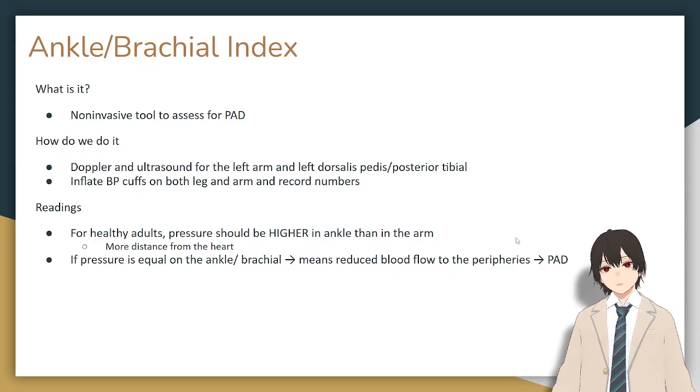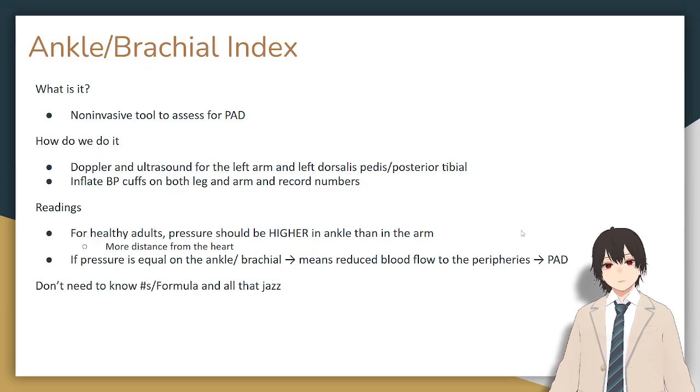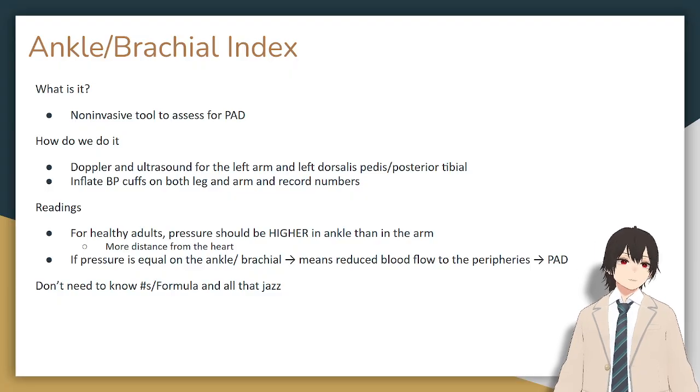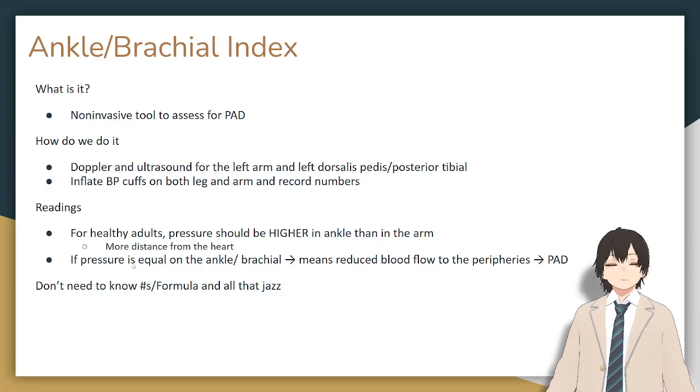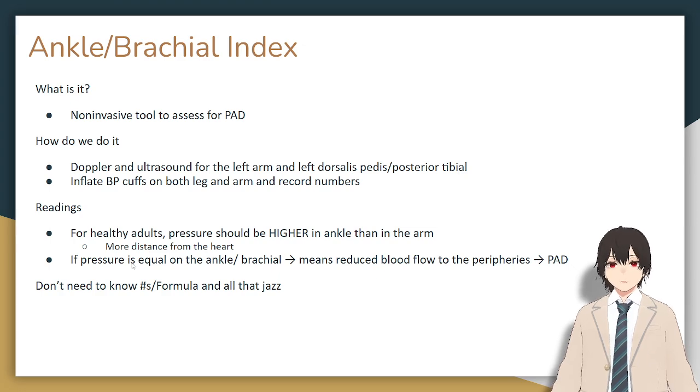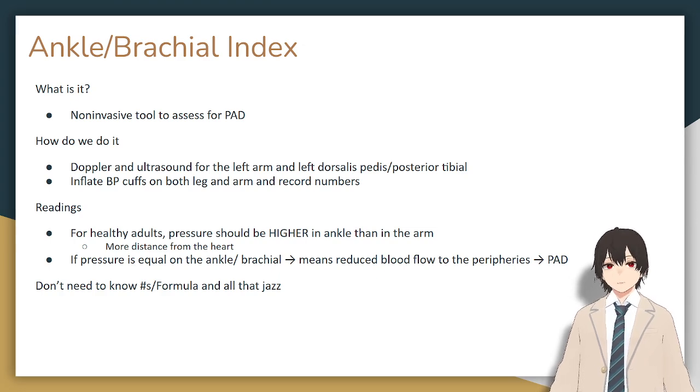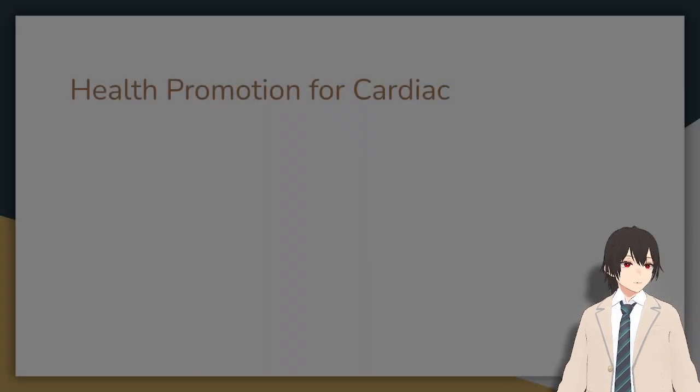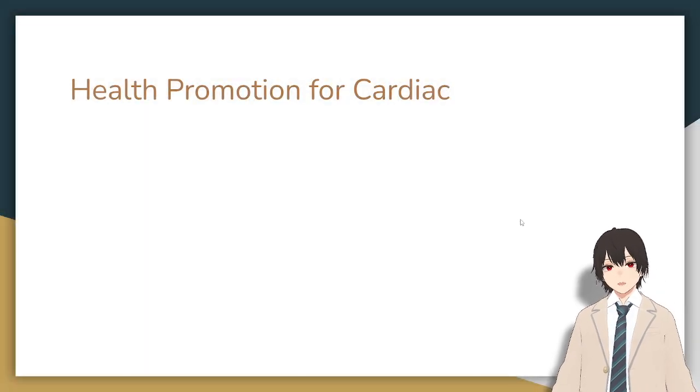If the pressure is equal on both the foot versus the arm, it means that there's reduced flow to the peripheries, like the lower extremities, which is indicative of PAD. You don't really need to know all this. This is probably one of the lower yield questions. If you just have time, or extra material, you can study this and learn it, but it's not that difficult of a concept. Okay.